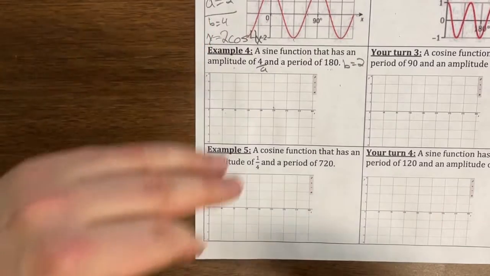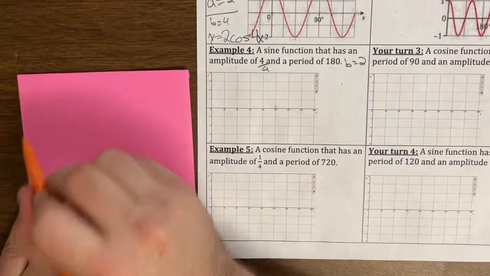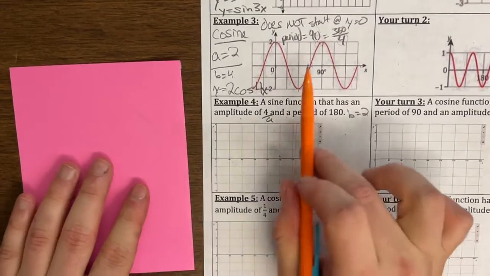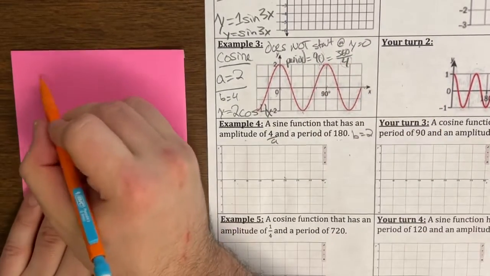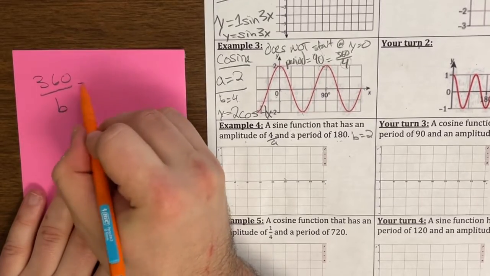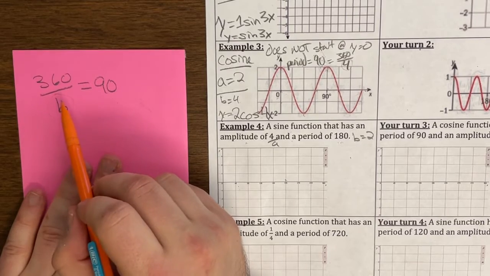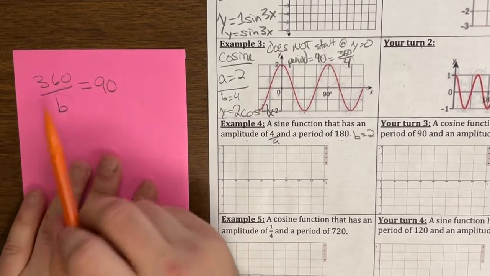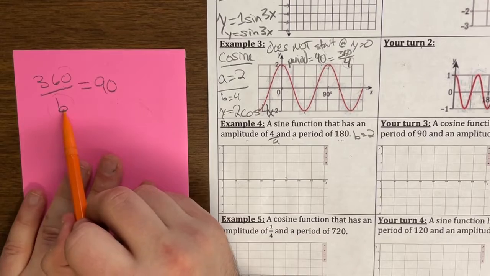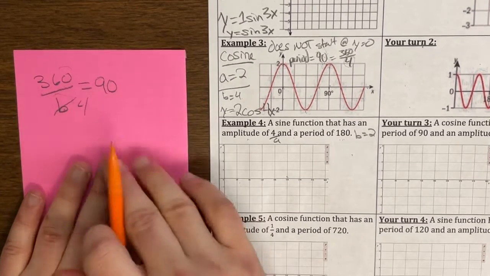And how do we get that? Well, I can write on the side, if you need to see how I did this one. I would say 360 divided by b is equal to 90. What number divides 360 to get 90? 360 divided by 4 is 90.